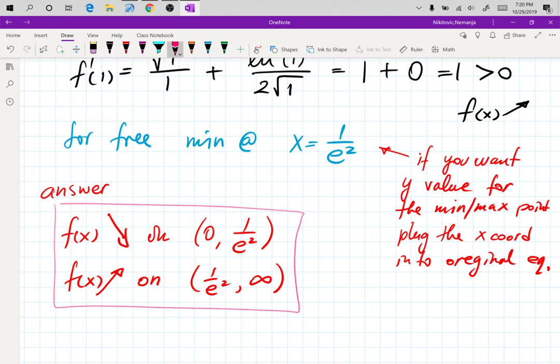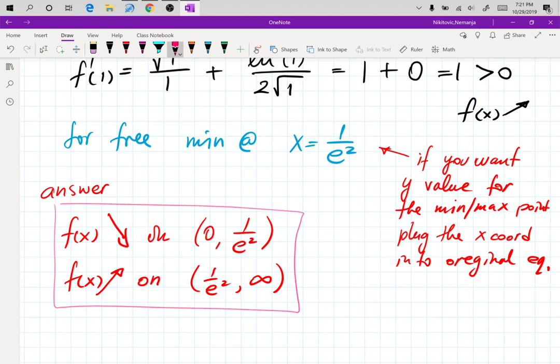So that's the first derivative test. Your job is to find critical points, partition on critical points and on vertical asymptotes. If there is nothing to partition, the entire domain is one partition. You pick one number in there, and those numbers you pick are called test points. Those are your c's in the definition.